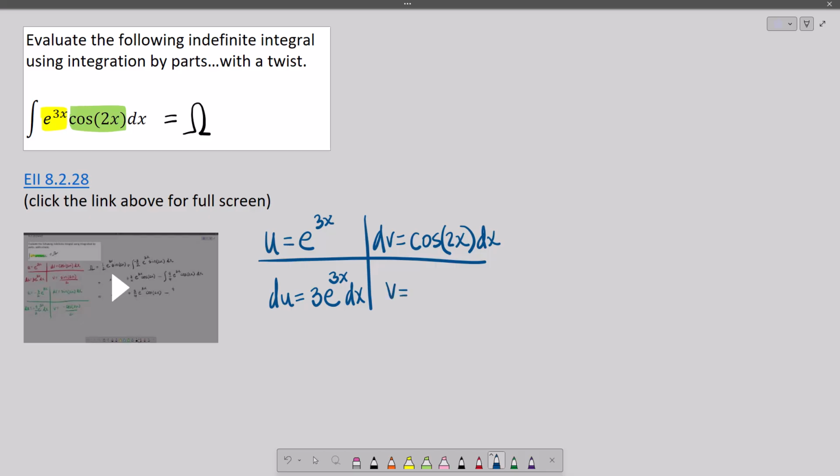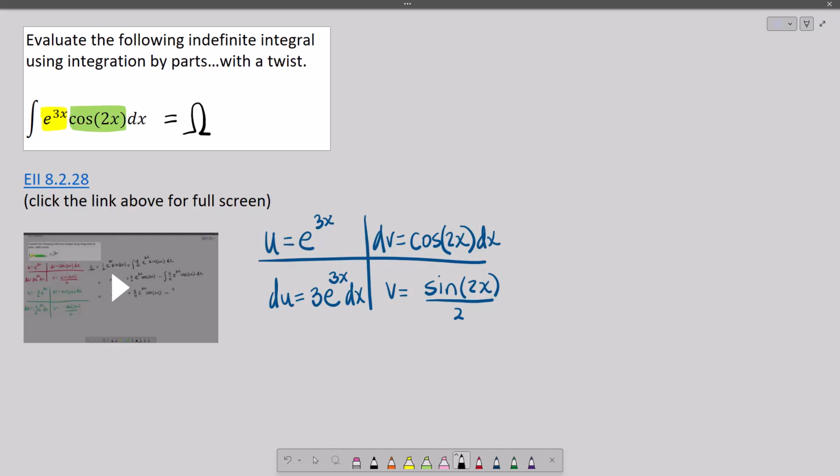We integrate the outside function and get sine of the same angle. The outside function is cosine. The inside function is 2x. We divide by the derivative of the inside function. So that is going to be our integration by parts table, our voodoo ingredients.